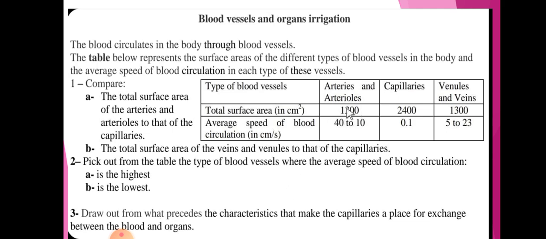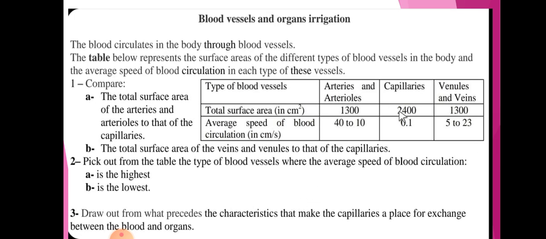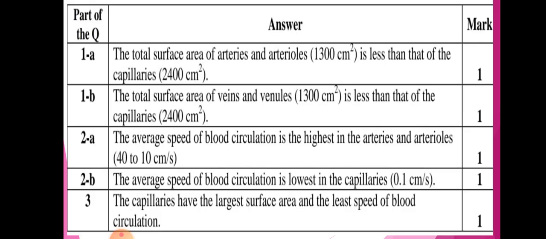What makes the capillary a place for exchange of nutrients and oxygen with the other cells? Because it has a large surface area, as you see, the largest surface area, 2400, meaning there are many capillaries. And the least speed of blood circulation is found in it.